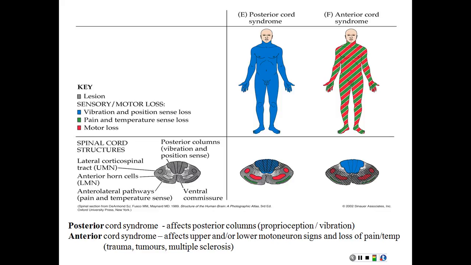And the important thing here is the fact that this infarct would be affecting both lateral corticospinals on both sides and the anterolateral systems on both sides, and causing this effect for both pain and temperature and motor. Whereas with the posterior 1/3, you're only affecting proprioception. So I think these are very helpful in getting you to look at the spinal cord and ask yourself which pathways are traveling in the different parts of the spinal cord.